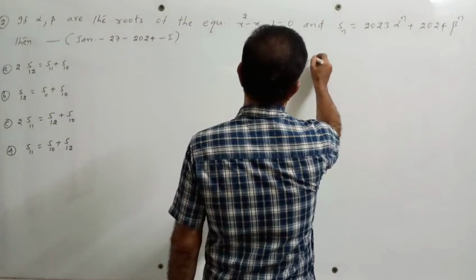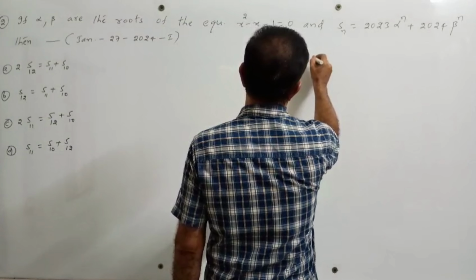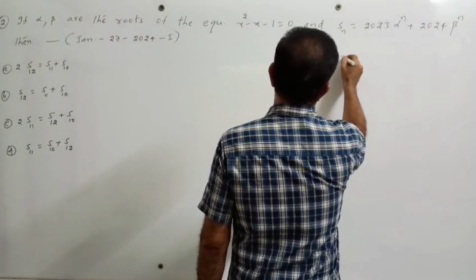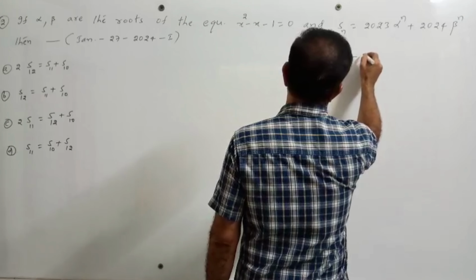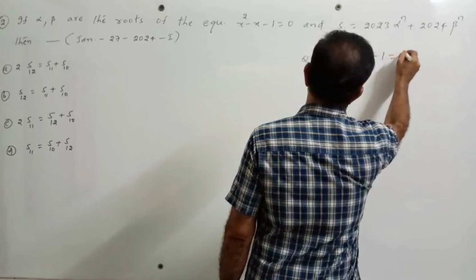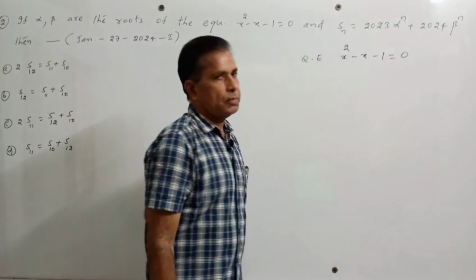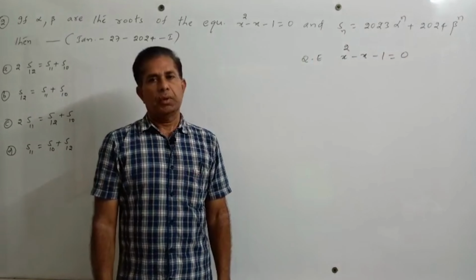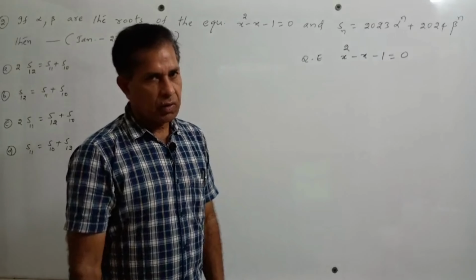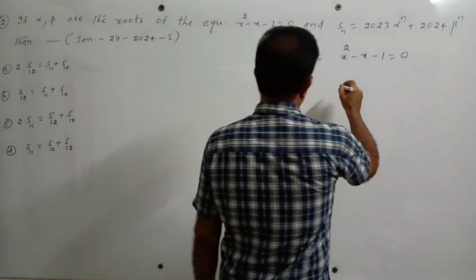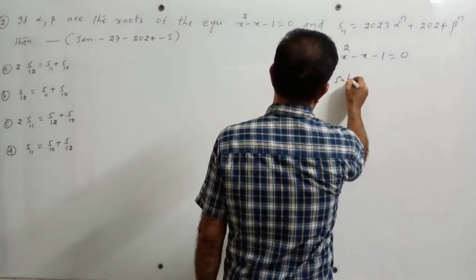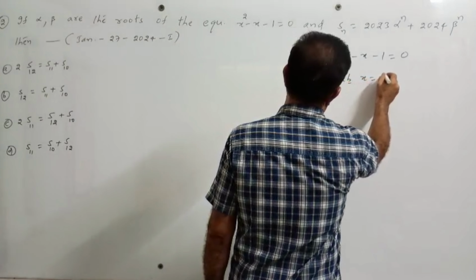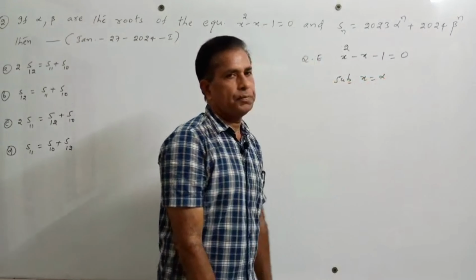So just I am writing the given quadratic equation. Given quadratic equation, x square minus x minus 1 is equal to 0. That is the given quadratic equation. So alpha is the root of the quadratic equation. I am substituting x is equal to alpha.